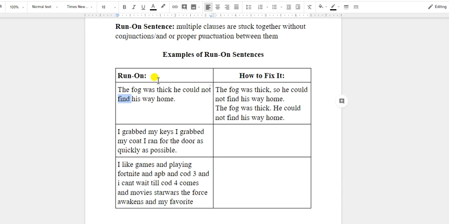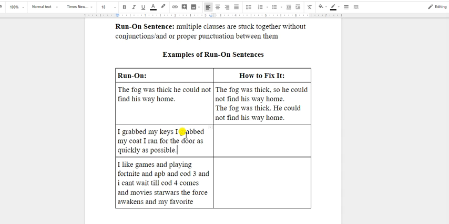Could find, who could find, he could find. So there's your second clause right here. So you need something in between, okay? Either a conjunction, or you should just drop a period and start a whole new sentence there. And there's probably other conjunctions we could put in here too, but so was the first one that came to my mind.